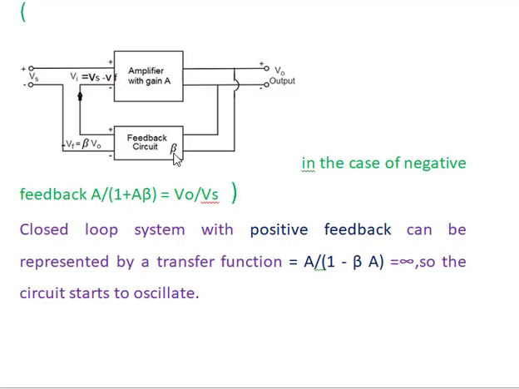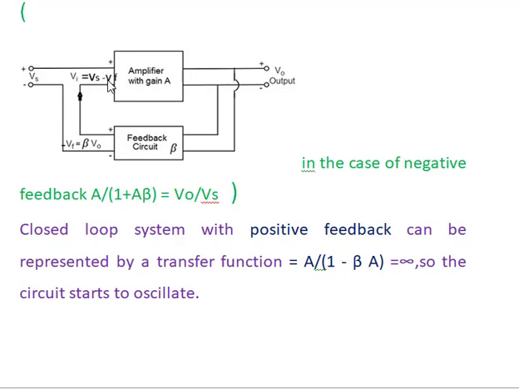This feedback ratio is beta. The V output acts as the input to this feedback circuit. So it is a negative feedback. So Vf is equal to beta V output, that is, Vf divided by V output is equal to beta. Beta is the feedback gain.